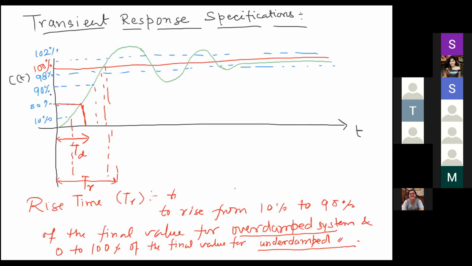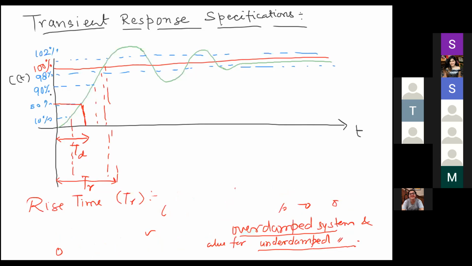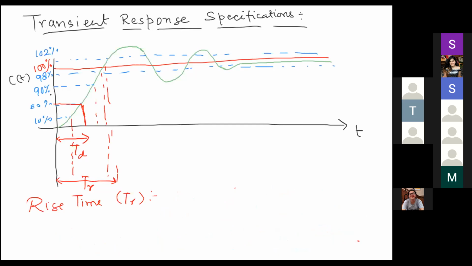If we represent it through a formula, T rise is equal to (pi minus theta) upon omega d. Omega d is the damped frequency, and theta is tan inverse of (square root of 1 minus zeta squared) upon zeta.